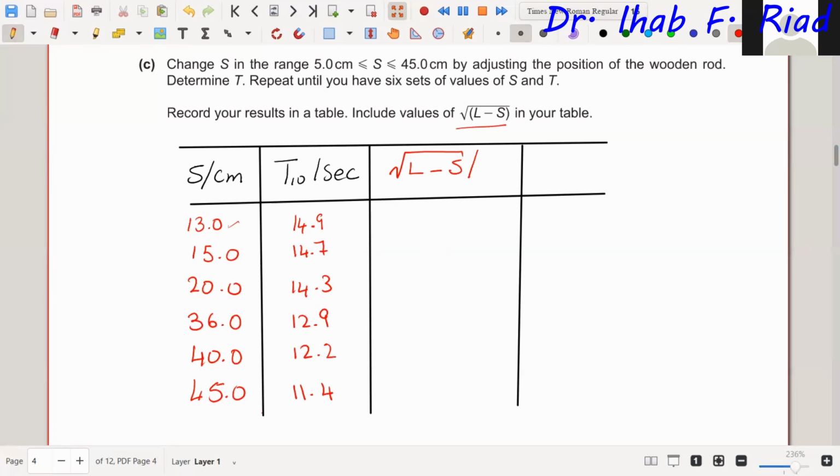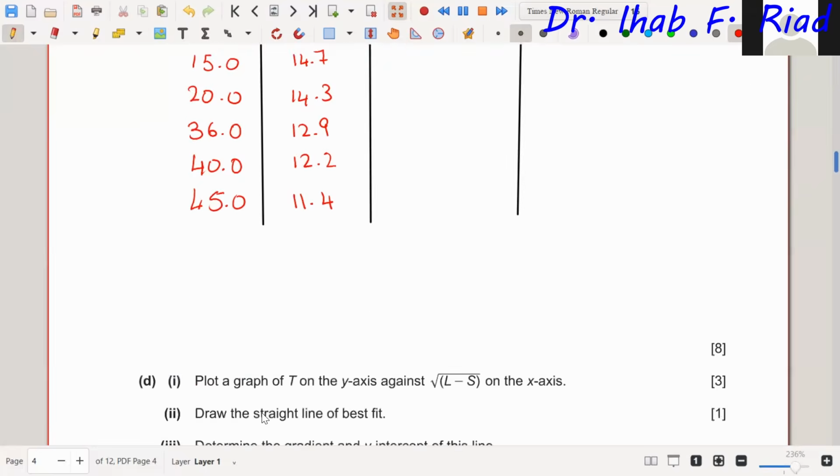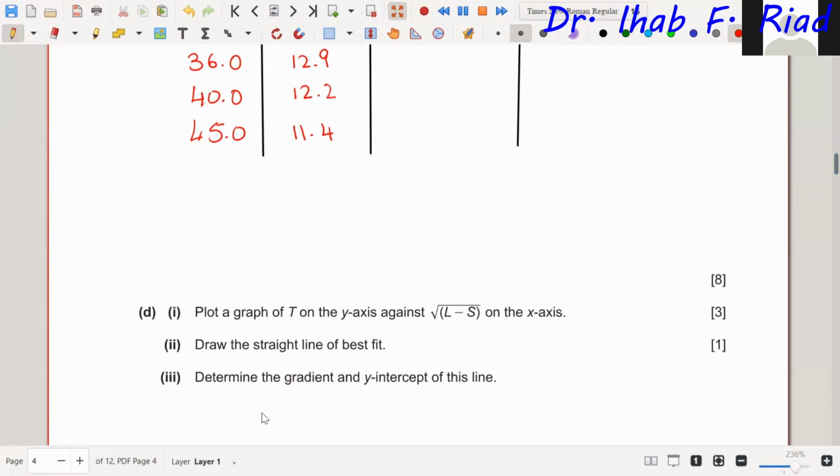It is centimeters. And S is in centimeters. So the unit for L minus S is centimeters, right? Yes. But if we take the square root, it is centimeter under the square root, centimeter to the half. Okay, this is how we write it: centimeter 1/2.